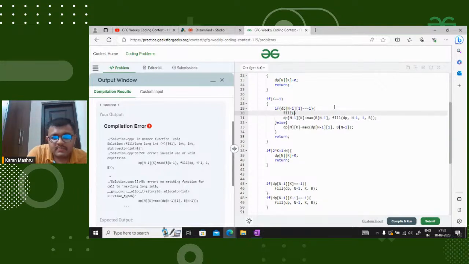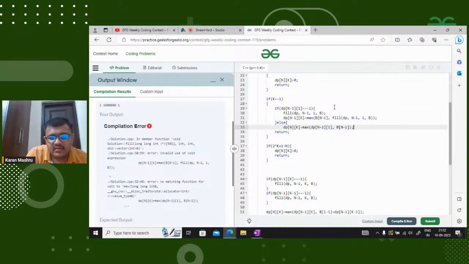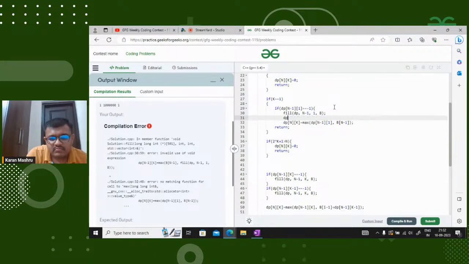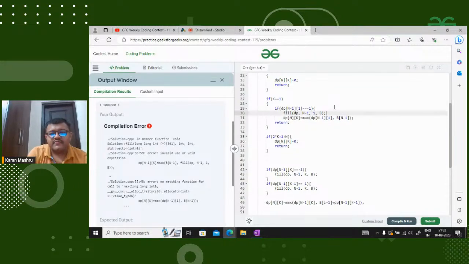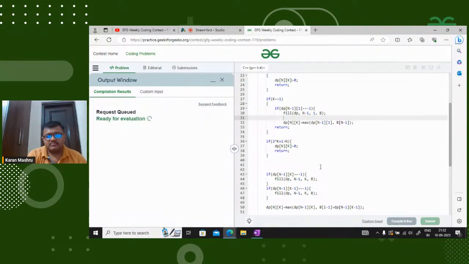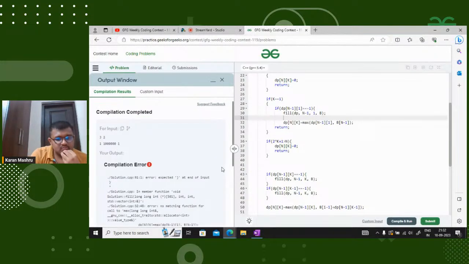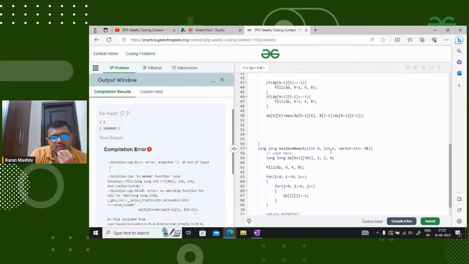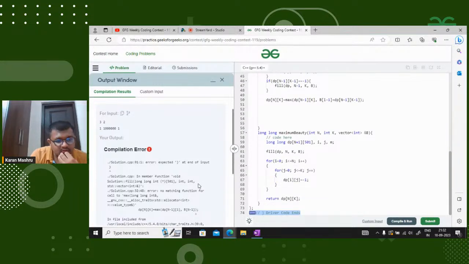So fill dp n minus 1, 1 and b, and then I can remove this. So if it is minus 1, then first of all fill it and then use it.